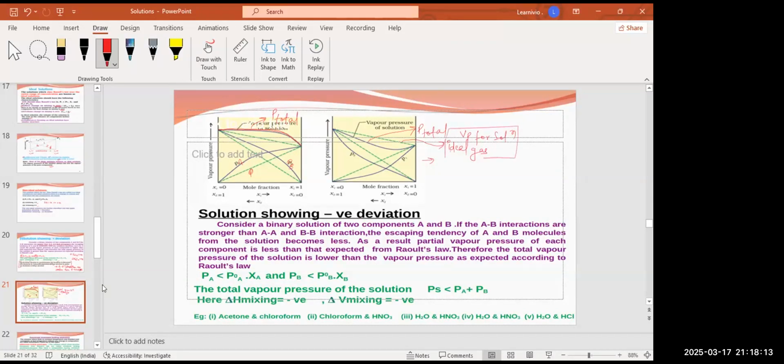Basically, it shows the Raoult's law graph. This dotted green line shows the Raoult's law graph, and this blue line shows the negative deviation, right? That type of solution doesn't follow the Raoult's law graph.